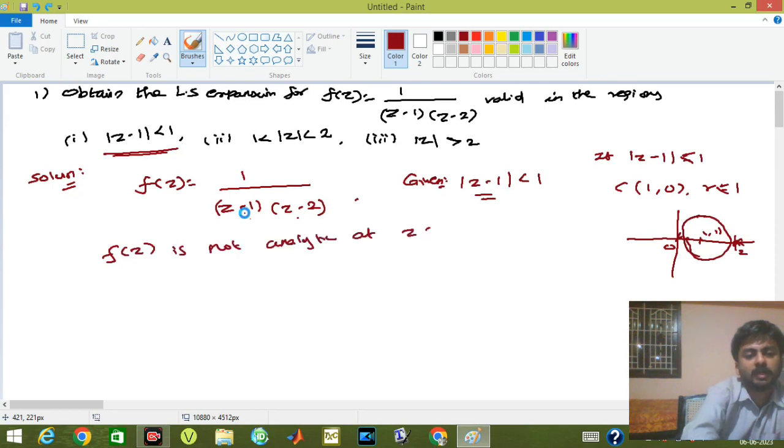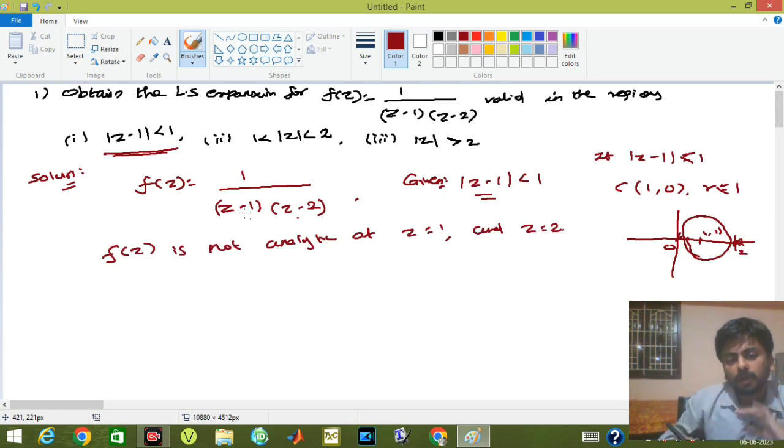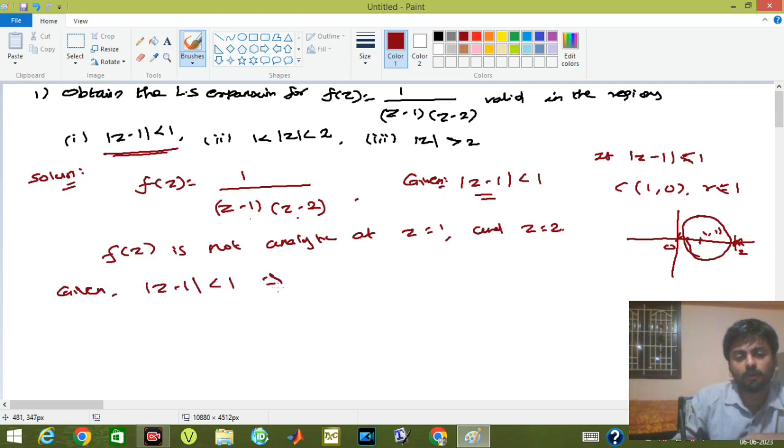Since f is not analytic at z equal to 1 and z equal to 2, they are taking modulus of z minus 1 less than 1. Now we are going to solve this according to the region. They have given the region modulus of z minus 1 less than 1.